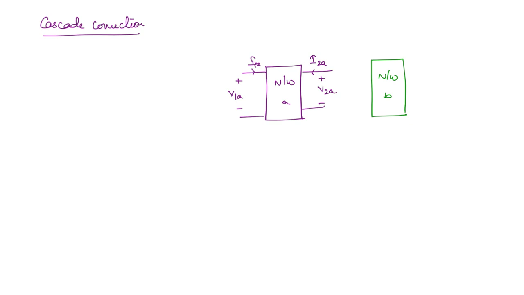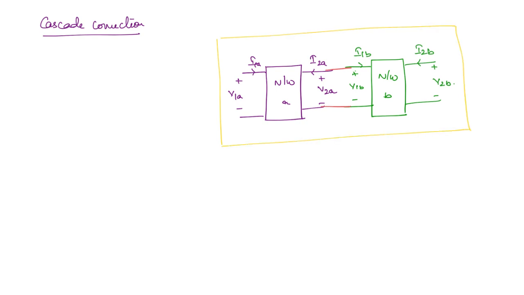Okay, and similarly for this network, this is V1B, I1B, I2B, and V2B. Okay. So now what is the connection? Cascade connection is the output port will be connected to the input port of the next network. Okay. So now the equivalent connection is two-port network is this.